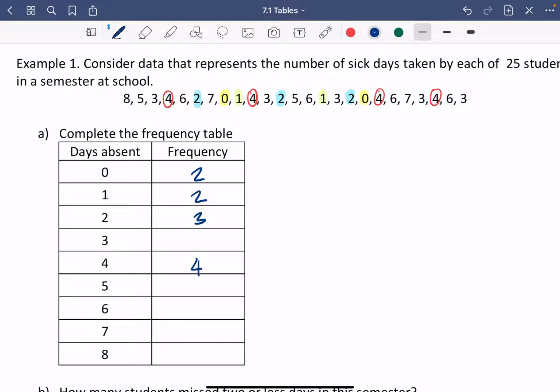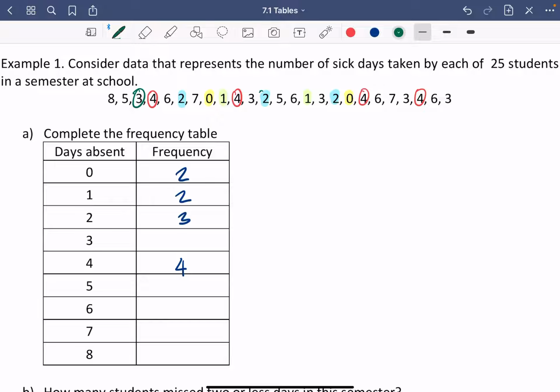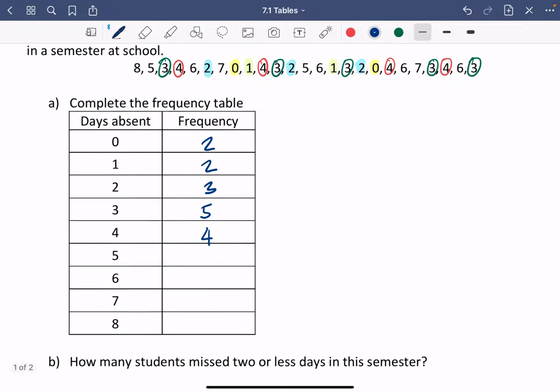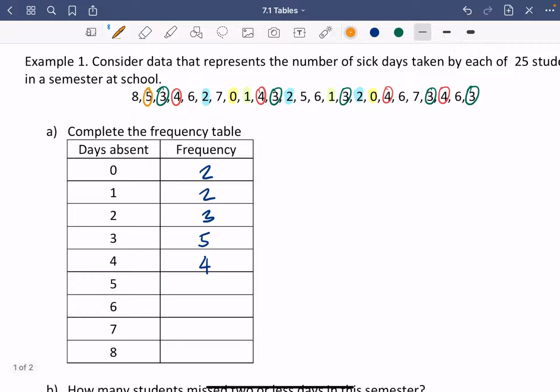Okay, and I skipped 3, I don't know why, but let's do 3. So 1, 2, 3, 4, 5. So 5 students were absent for 3 days. And let's do 5. 1, 2, 2 students.